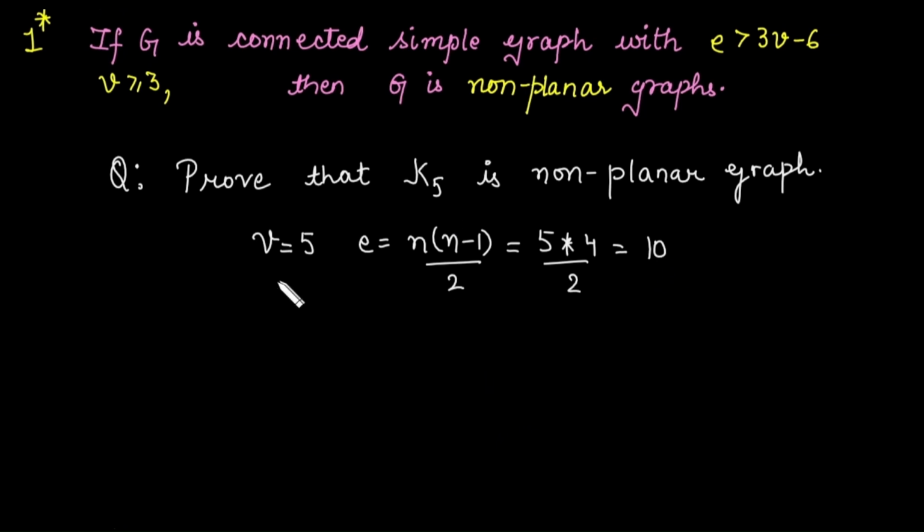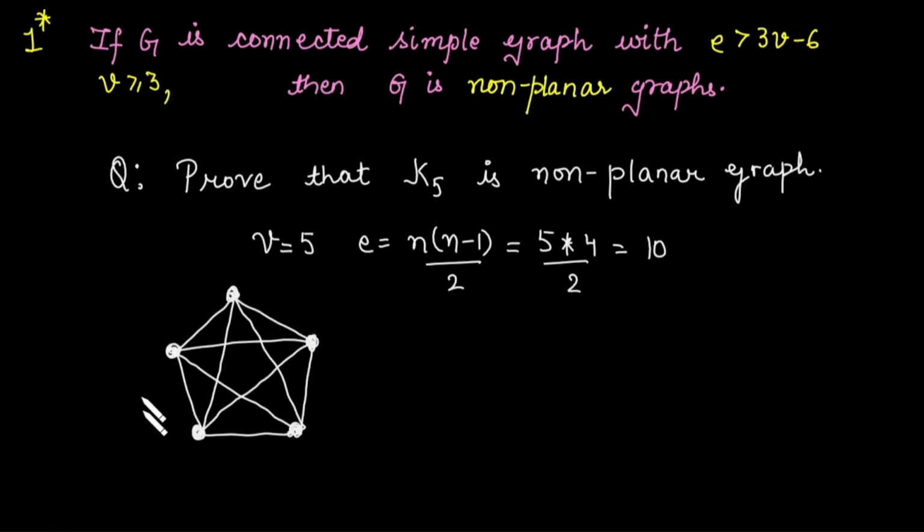So in K5, the total number of vertices is 5 and edges are 10. Otherwise, you can construct K5 to calculate the number of edges. To understand how to remember this formula, a link is provided in the description, on a quick review of simple graphs. Now you can check whether this inequality holds or not.